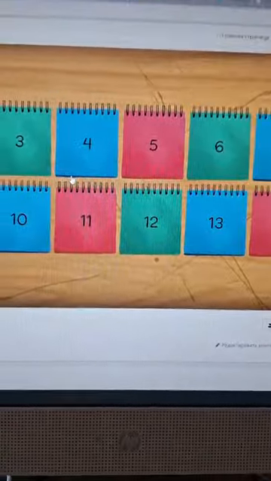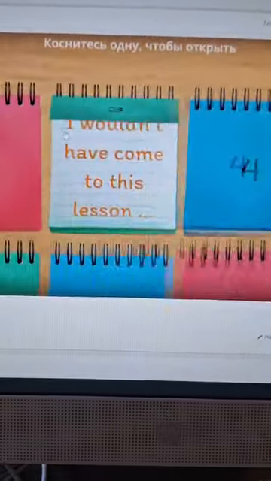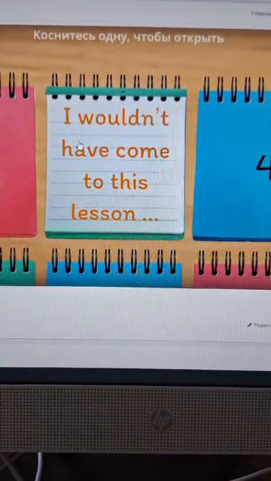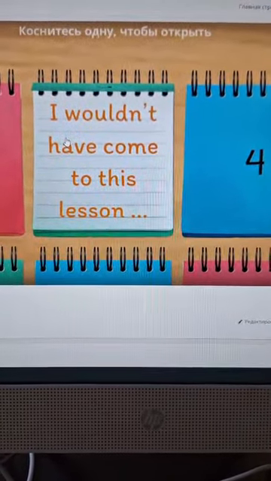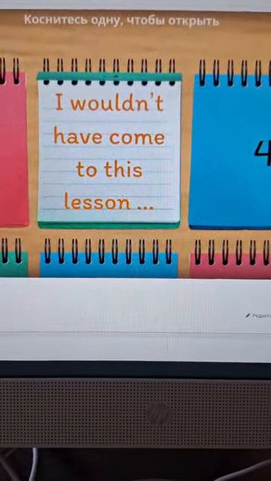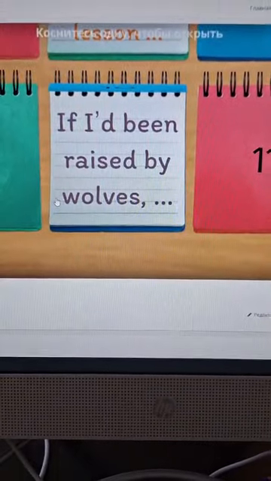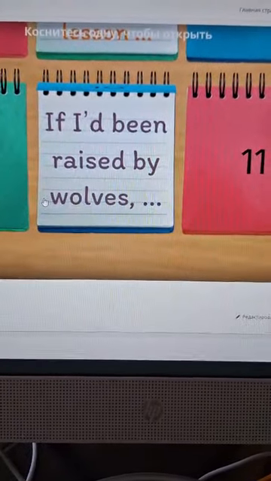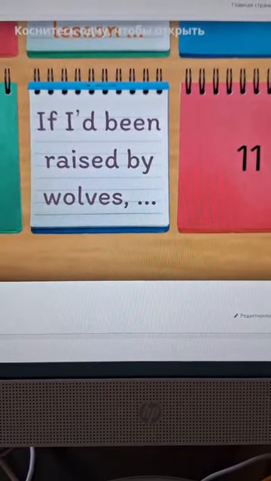Let me start. Here, for example, we will touch any of them. I wouldn't have come to this lesson if I had known something about this one. They will complete, for example, if I had been raised by wolves, I would or wouldn't have, something like that.